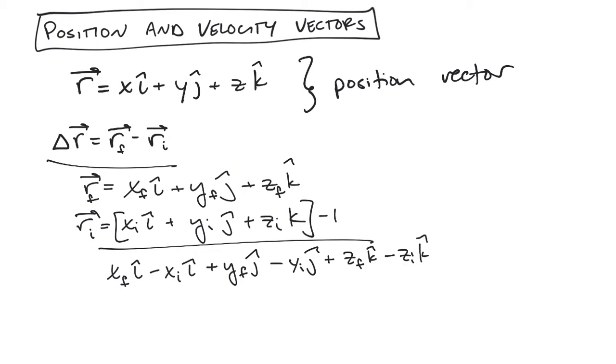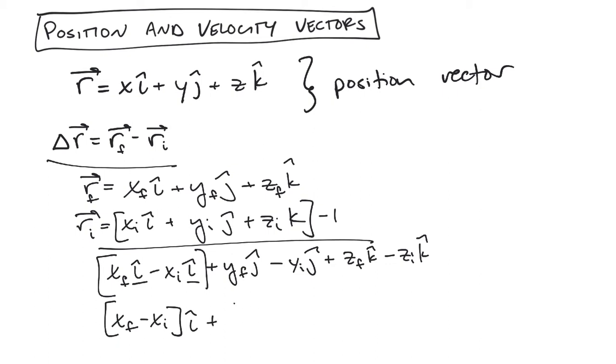And you can make this look a lot better if you just factor out your unit vectors. So you can factor from the first 2 terms the i hat out. So you could say that's xf minus xi in the i direction or the x direction.